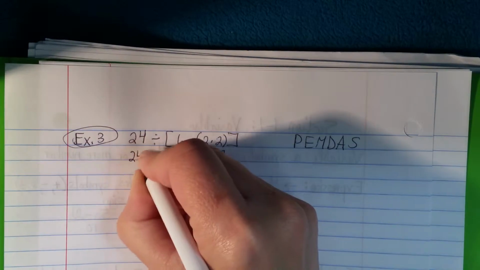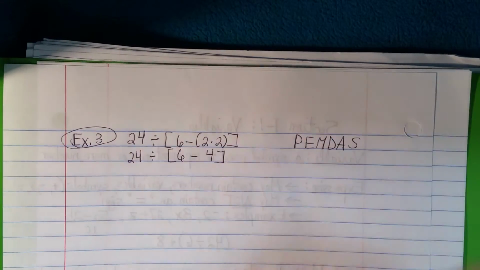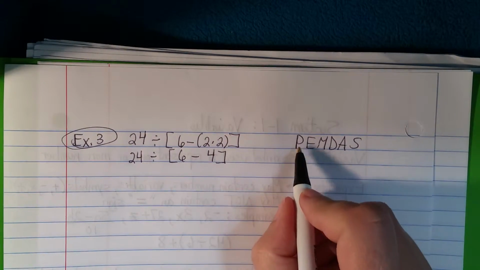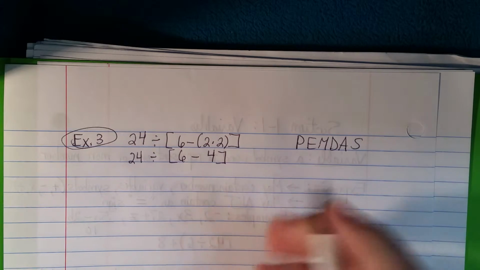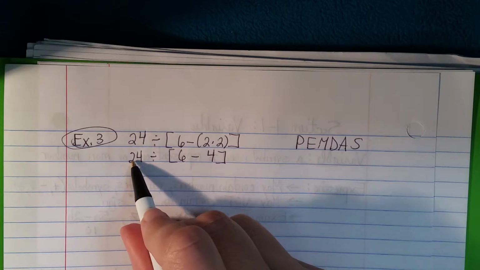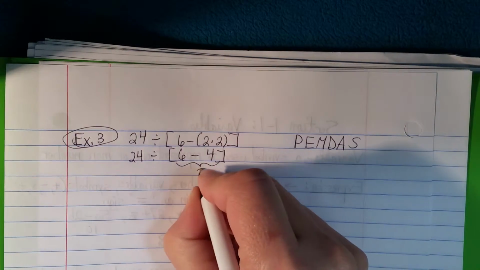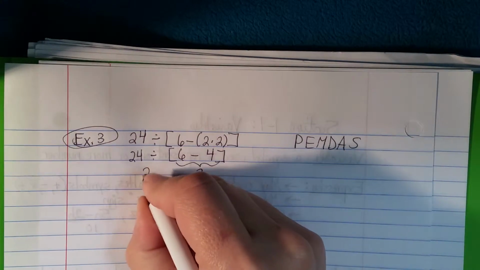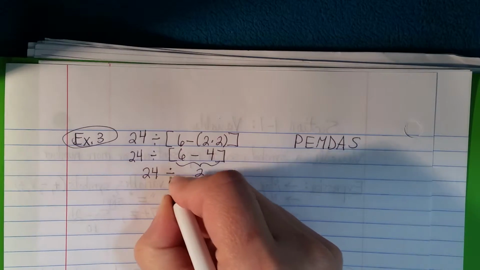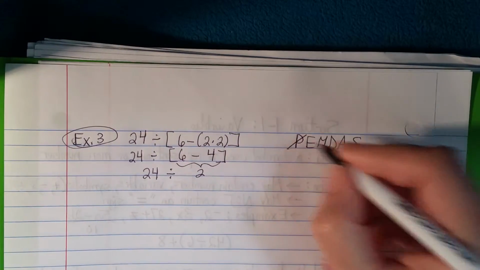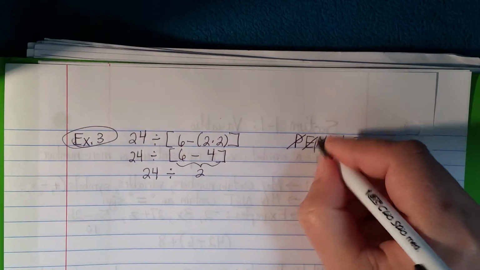Rewrite. And I'm still on the grouping symbol because I have another one to do. I can't do 24 divided by 6. I have to do this first. So that's a 2. 24 divided by 2. So I've taken care of this. There's no exponent.